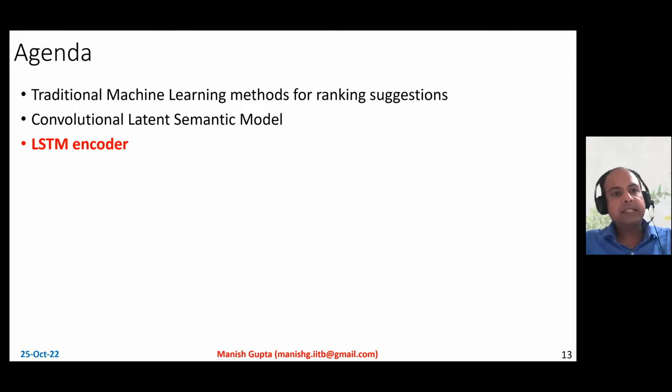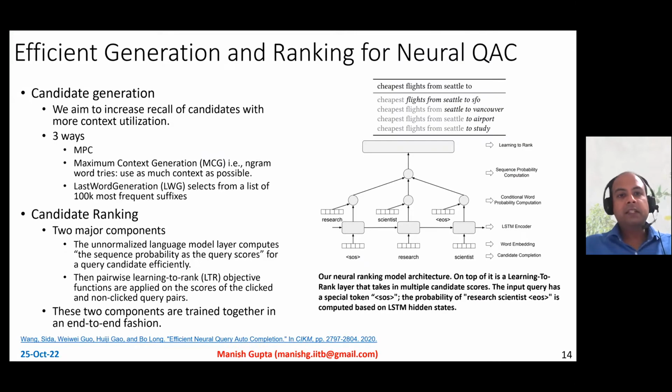Now let's talk about yet another interesting model for ranking suggestions in QSE systems, based on LSTMs. The idea is that you want to show good completions. So if the user has typed in cheapest flights from Seattle, you would want to typically show cheapest flights from Seattle to Vancouver and not show bad completions like cheapest flights from Seattle to airport or cheapest flights from Seattle to study and so on.